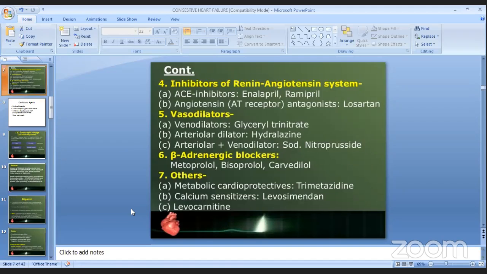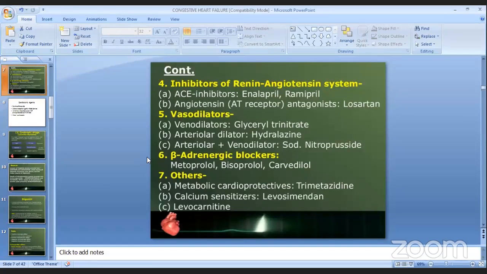So next is beta-adrenergic blockers, that is propranolol, atenolol, metoprolol, and carvedilol, all this category of drugs.